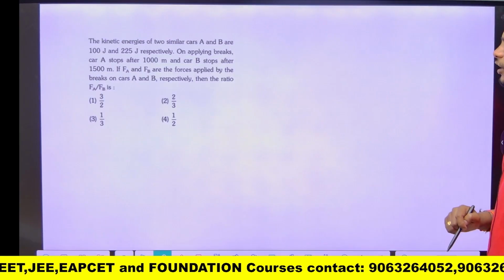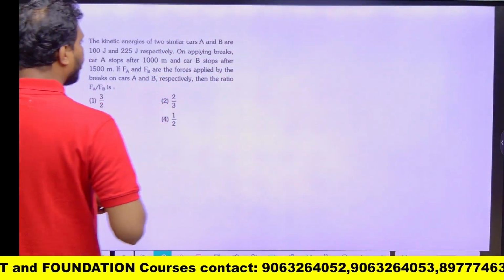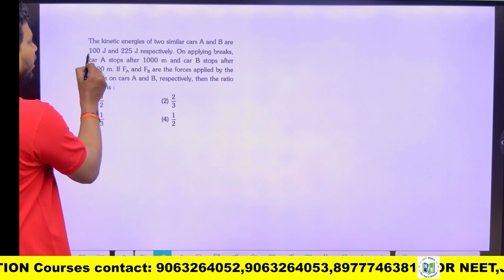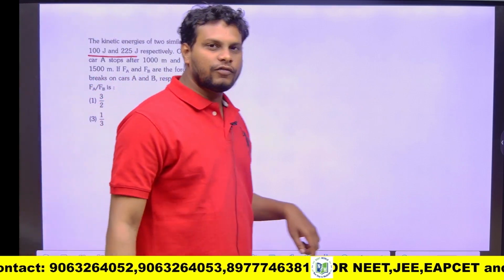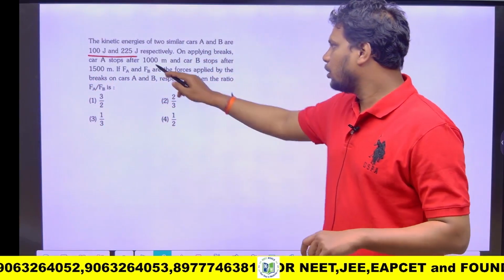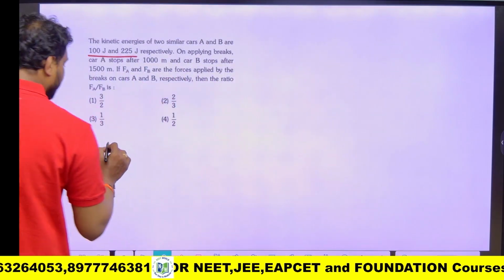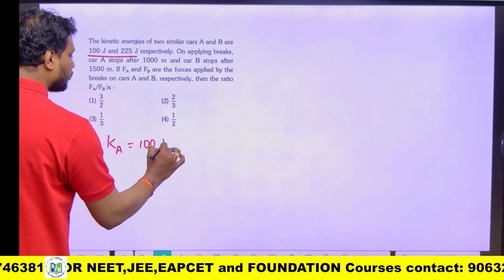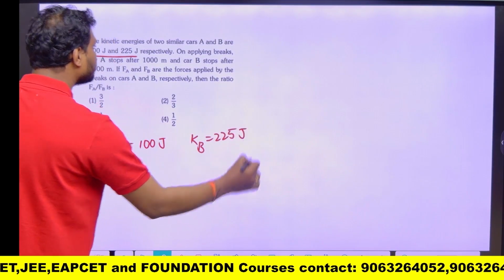Then we'll go for the next question, that is the kinetic energy of two similar cars A and B are 100 joules and 225 joules. So then I'll take kinetic energy of first car is equal to 100 joules and kinetic energy of car B is equal to 225 joules.